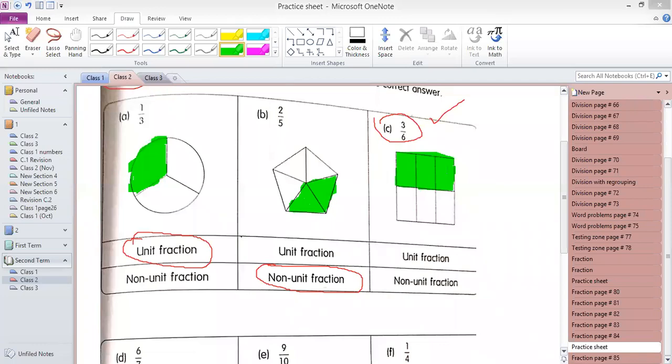It is not 1. When it is not 1, then it is not a unit fraction. So we will say it is a non-unit fraction. Clear, guys? Yes, sir. Very good.